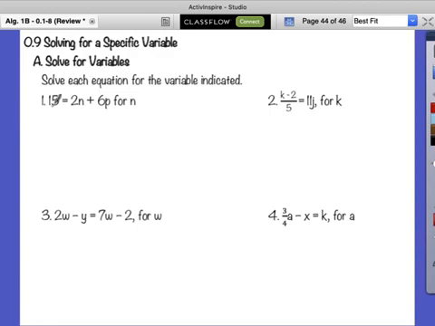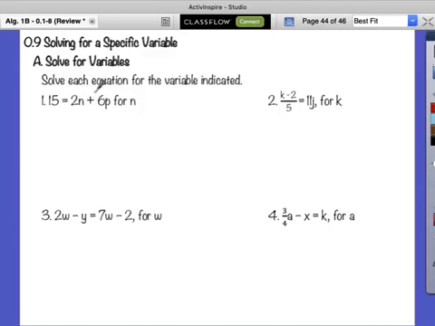So when we have 15 is equal to 2n plus 6p, we want to treat this n like we would have treated any of our variables before. So what's happening with our variable n? You multiply by 2 and add 6p.